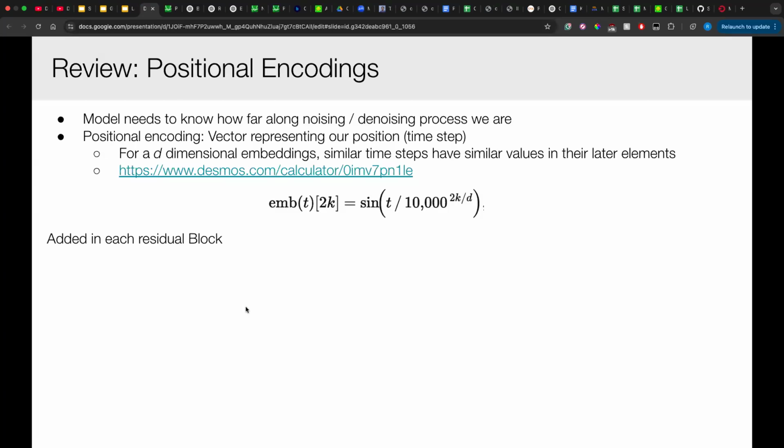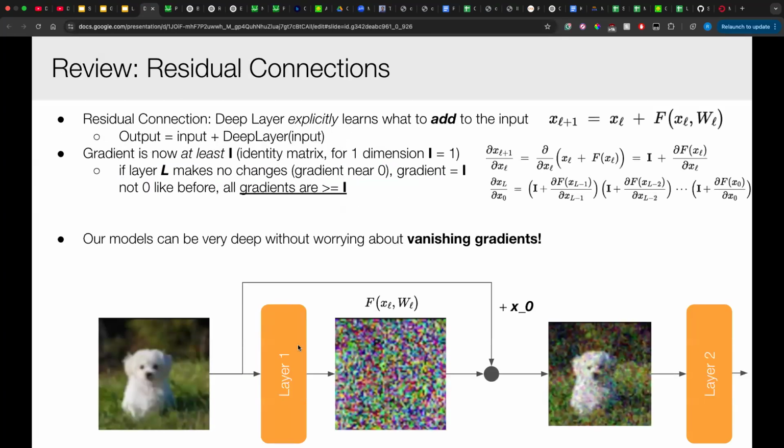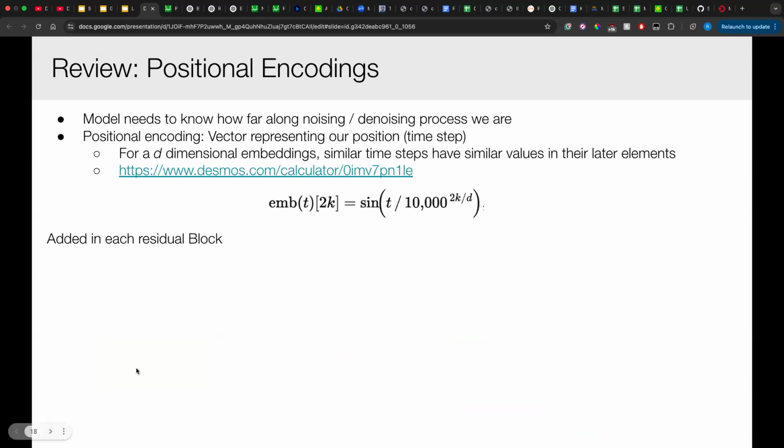You would imagine that predicting how much noise has been added to an image is dependent on the time step, obviously. But of course, the input to the U-Net model is just the image, with no information about the time. So we need some way of letting the model know what time step we are at. We do that through the positional encoding.